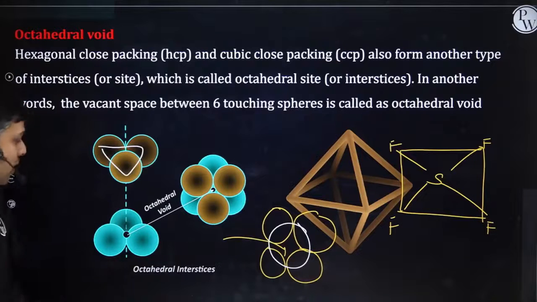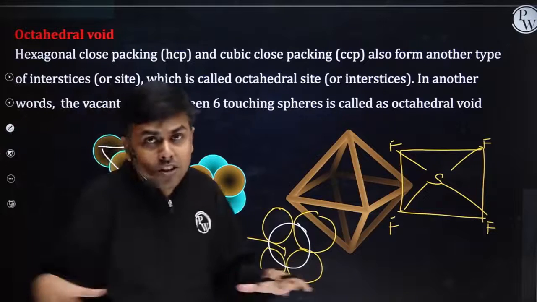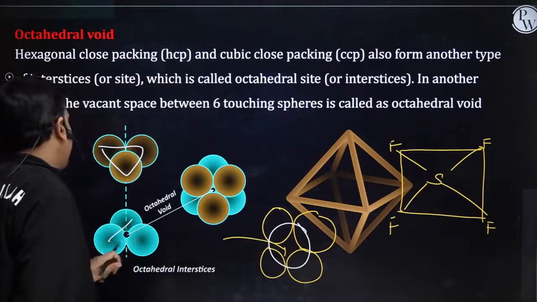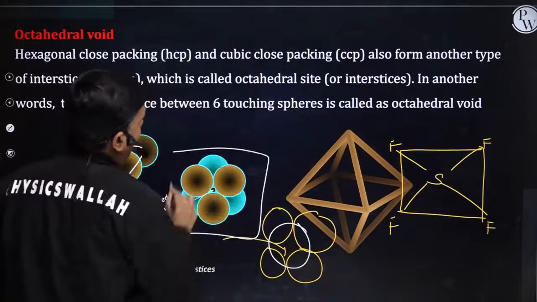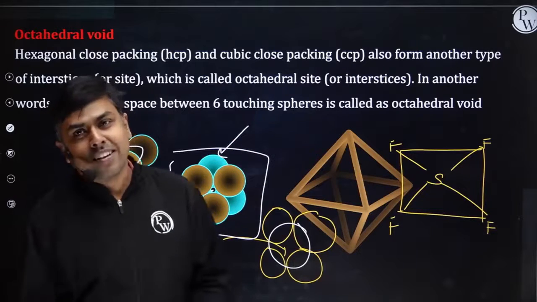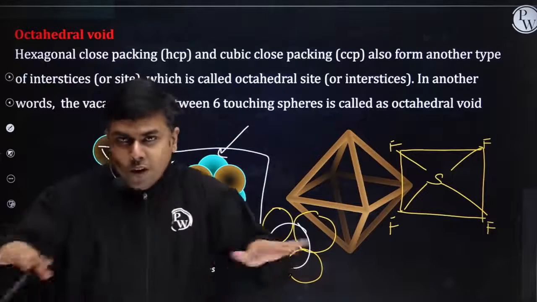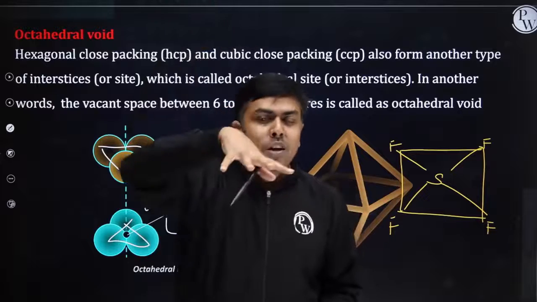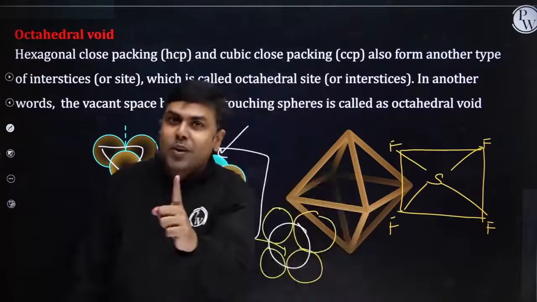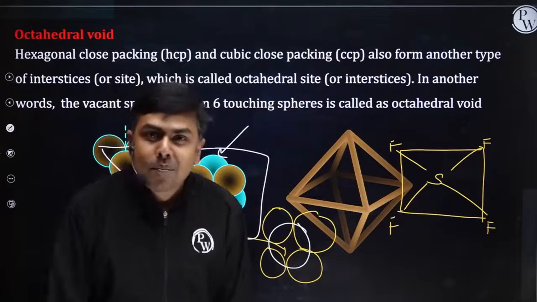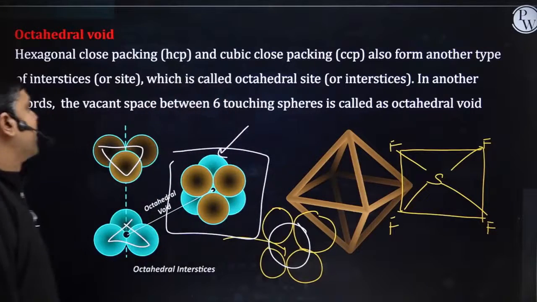Take 3 more spheres, arrange them in such a way that they touch each other and form an upper triangular pattern. Then merge them. You are going to get an octahedral void. Am I clear? But the best way is this one. Take 4 spheres in the plane, place one sphere from the top, one sphere from the bottom, have a look from the side view. You are going to get an octahedral void. Am I clear, students? Okay.